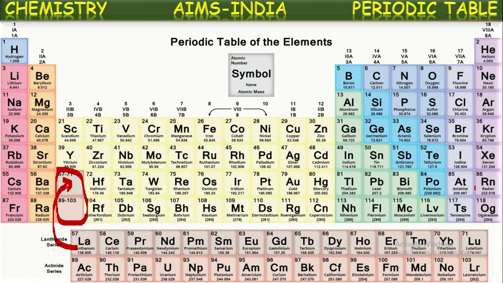That is why it is called long form of periodic table. So to avoid the inconvenience in writing, these 14 elements are written separately here at the bottom of the table. Now it became 18 columns, which we call groups. In the same way, here these 14 elements are to be placed in this position. Okay, this is about the long form periodic table.